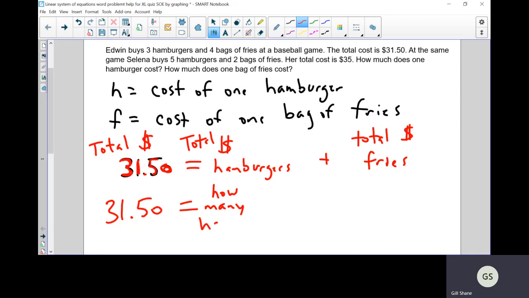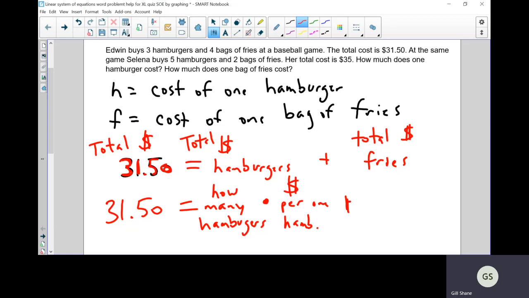How many hamburgers, and then times, so that means times right there, the price per one hamburger. I'm going to have to start abbreviating that so I don't run out of room.